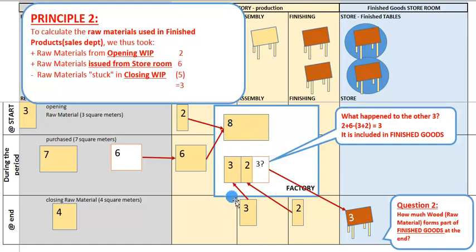Then we calculated our closing stock, which is the 3 and the 2, which is 5. So this raw materials is still stuck in work in progress. In other words, this 5 square meters is not yet complete, so it's not yet in the tables. It's still stuck here in the factory. So we cannot include that in the cost of the finished goods, so that's why we subtract the 5 in order to get to our 3 square meters that actually ended up in the finished tables.